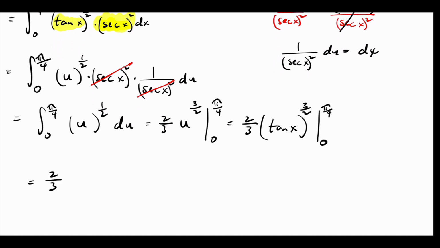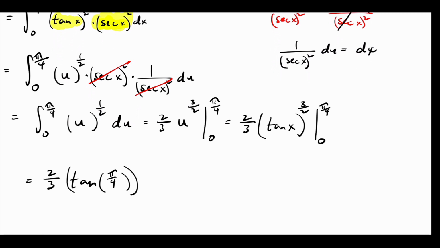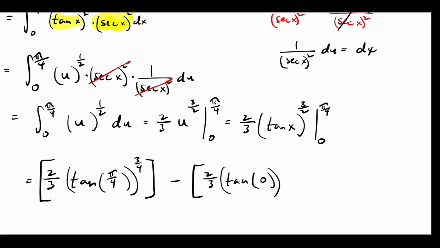2/3. So now let me plug in the first thing, pi over 4, to the 3/4 power, minus 2/3 tangent of 0 to the 3/2 power.